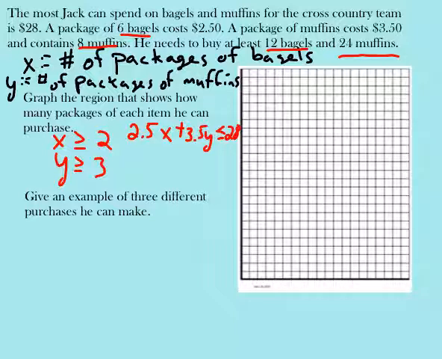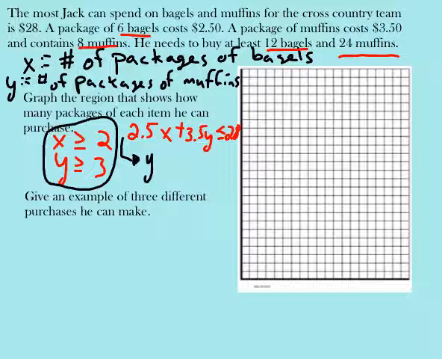Make sure you pause. This would be a good one to understand. I have these ones done. This one I solved for y because I wanted it in slope-intercept form so I can graph. If you do that, you get y is less than or equal to negative 5 over 7x plus 8.